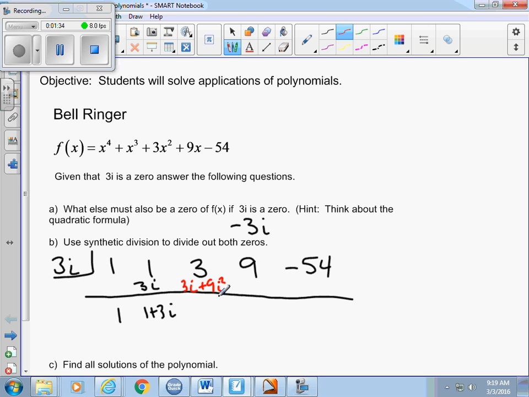What is 9i squared? Anyone remember what i squared is? i squared is negative 1, so 9i squared would be negative 9. So 3 plus negative 9 is negative 6.